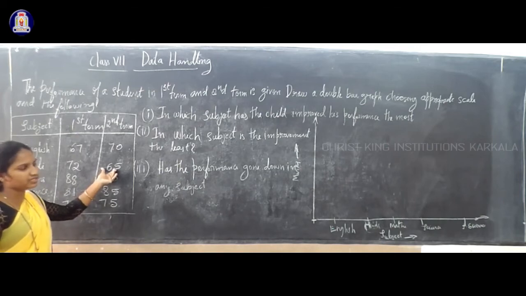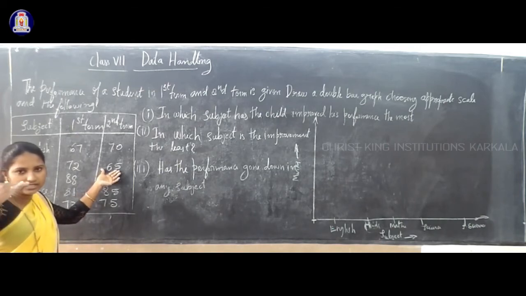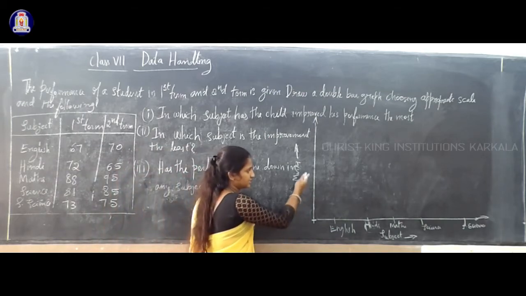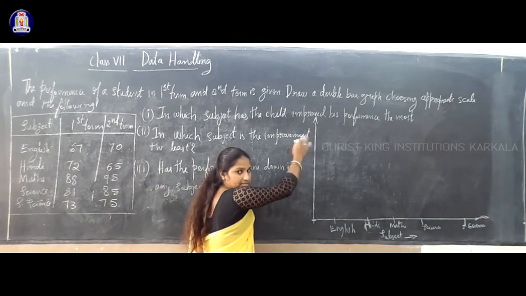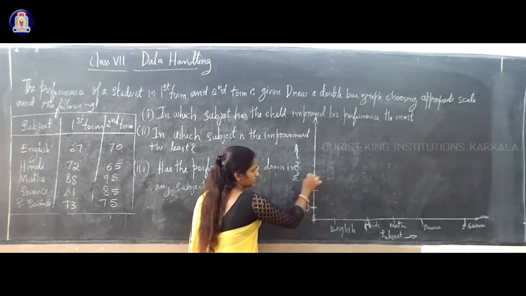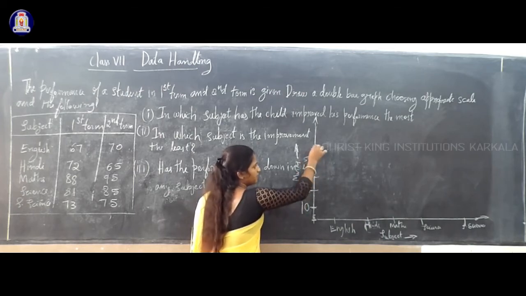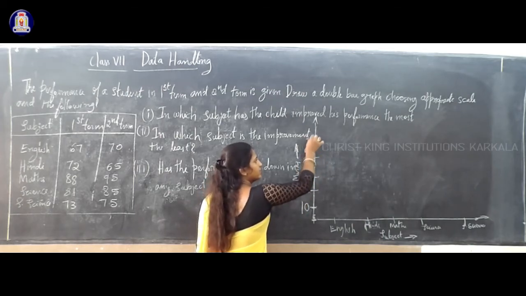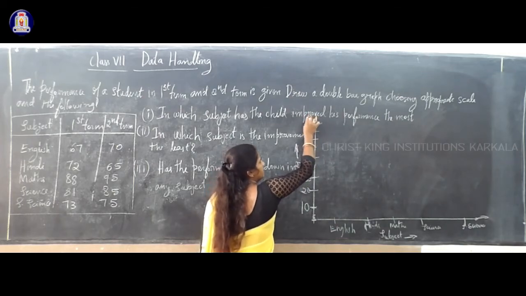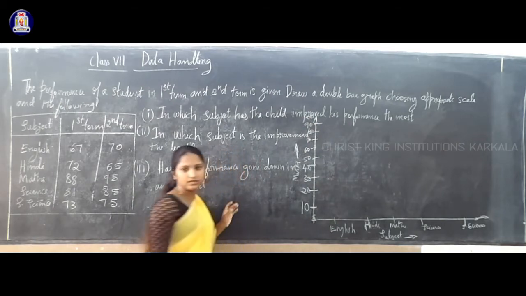So I think you can take the scale 10, 20, 30, 40, clear? Or 20, 40, 60, 80, 90. Otherwise you can take 1 centimeter as 10, 20, 30, 40, 50, 60, 70, 80, 90, 100. The last one is 100.